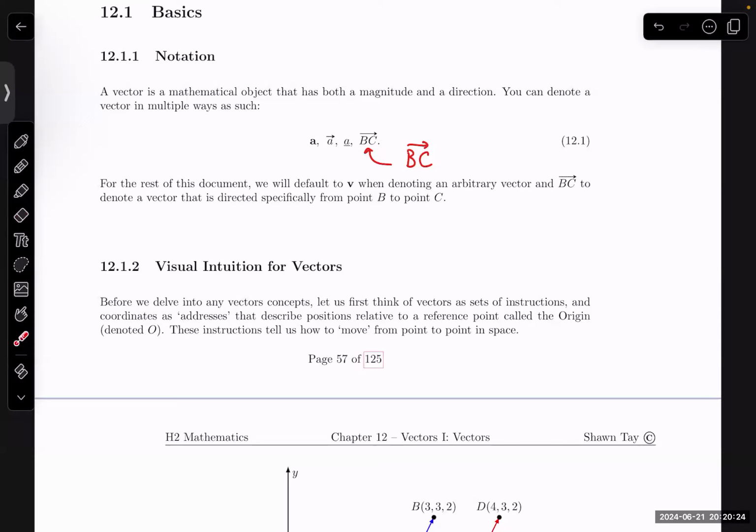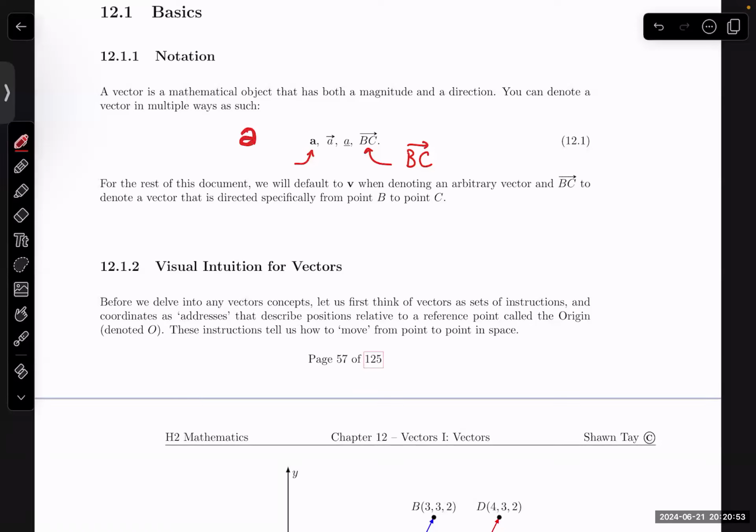Okay, so I will use all of these notations quite interchangeably. Sometimes, if the situation calls for it, I will use this capital letter version. If not, sometimes I'll just type it out as a bold-face letter lah. But just to point out, when you write a vector using this first notation, of course we don't make the letters bold.